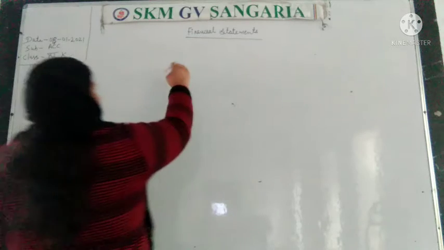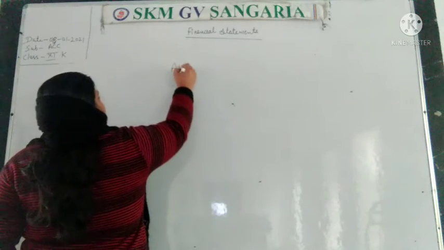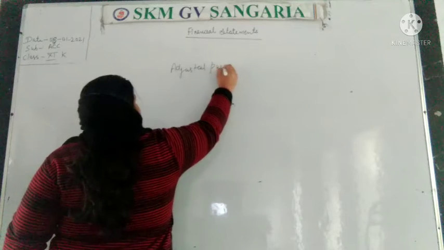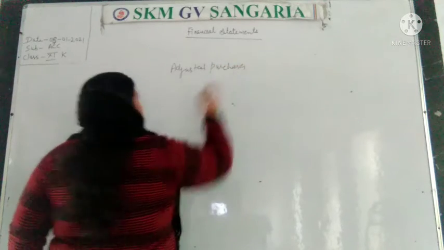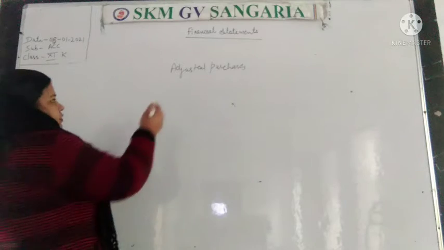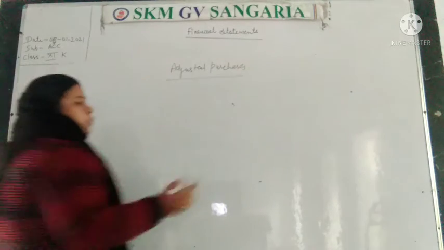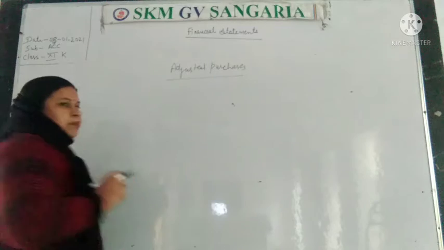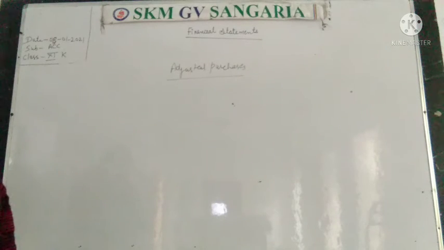Second terminology, or we can say second important term, is related to adjusted purchases. Sometimes we will see in the questions the word adjusted purchases is given. So first of all I am writing the formula to calculate the adjusted purchases. What is the formula for calculating the adjusted purchases?